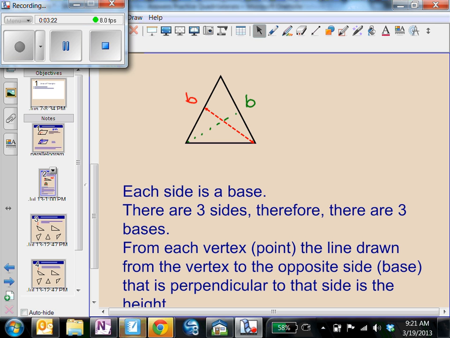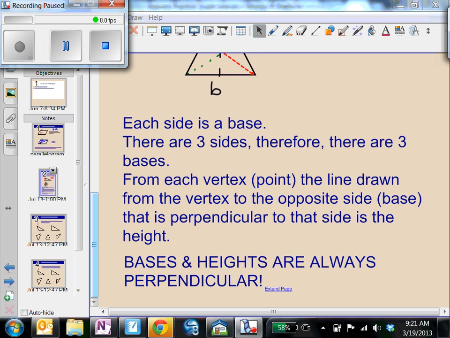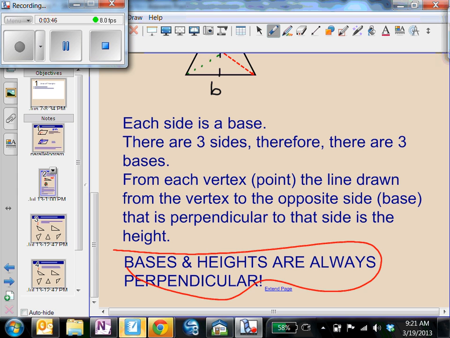These are all different measurements. And the same thing with the third vertex. So we can have 3 pairs of bases and heights with any triangle. Now with an obtuse triangle, they're harder to see, and with a right triangle, 2 of them will be the same. What you need to keep in mind is that bases and heights are always perpendicular. That's how you recognize them. Bases and heights are always perpendicular when they go together.